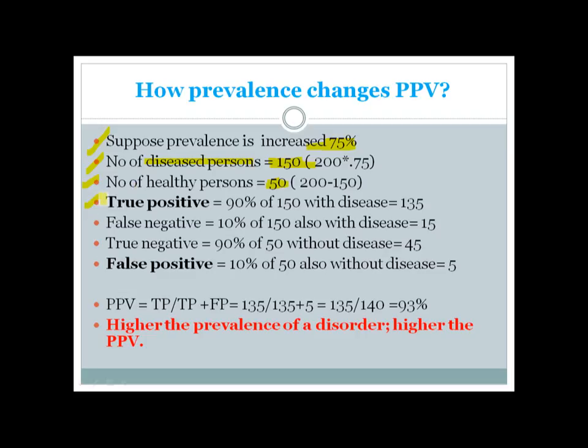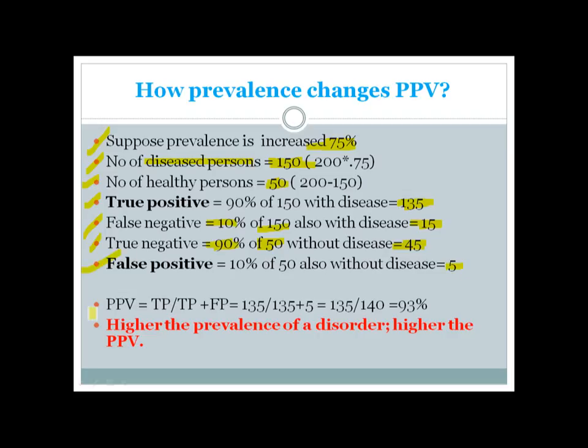Now as the sensitivity is 90%, 90% of 150 people will be true positive, so the true positive will be 135. False negative will be 10% of the 150 who also have the disease, which will be 15. True negative will be 90% of the 50 people who do not have the disease, so it will be 45, and the false positives will be 5.